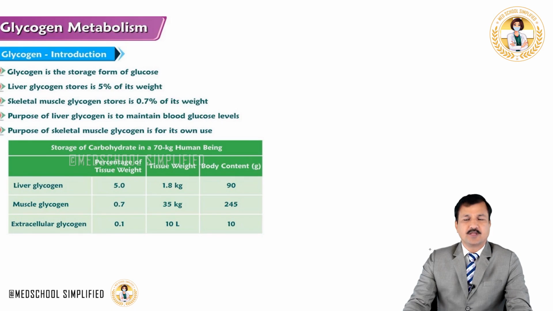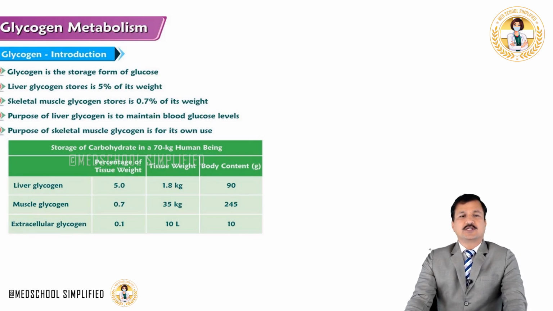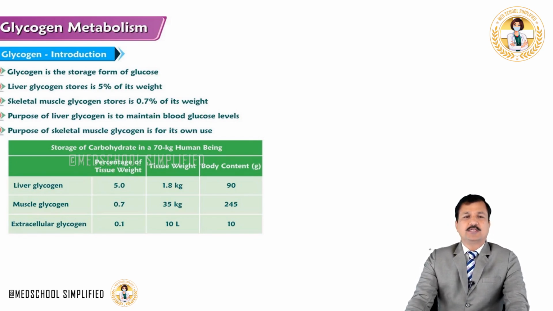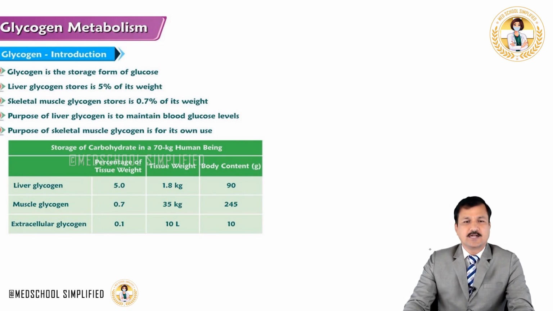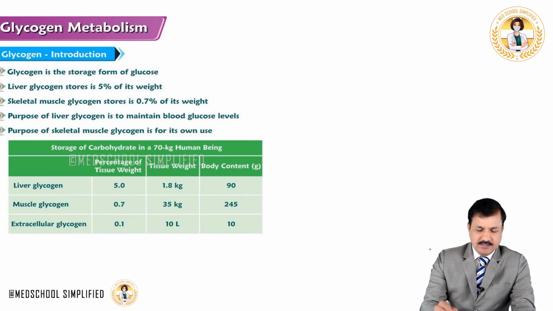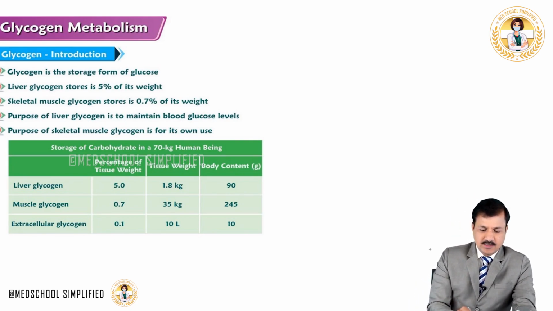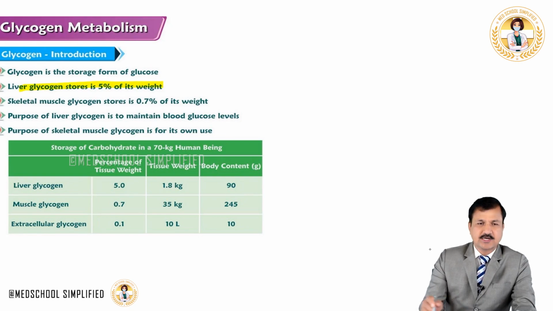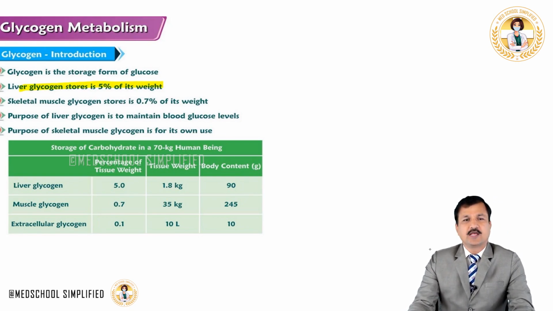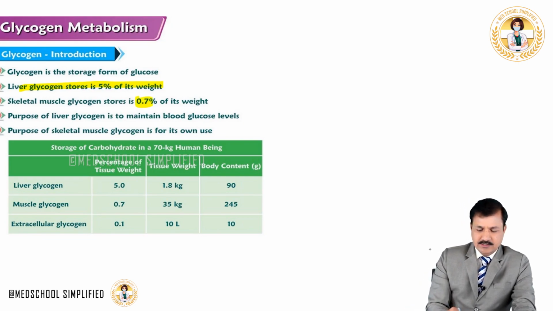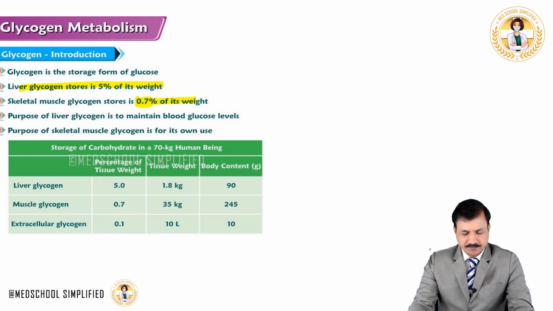Now we are taking into consideration two major tissues to go over glycogen metabolism. One is the liver, the other is skeletal muscle. Liver glycogen stores are around 5% of its weight, whereas skeletal muscle glycogen stores are around 0.7% of its weight.